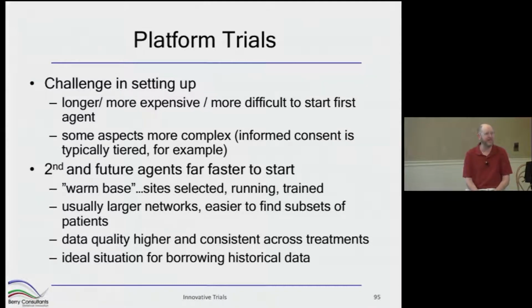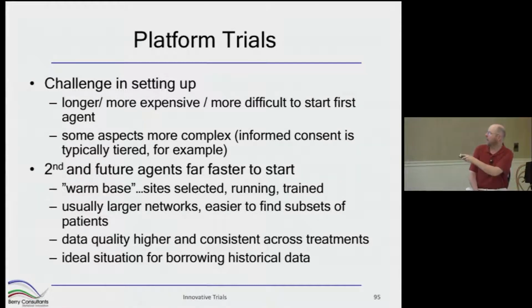On the plus side, for the second and future agents, this is a no-brainer thing to do. If the whole world were set up where here's a breast cancer platform, here's an Alzheimer's platform, here's a heart disease platform, here's a stroke platform, it would be ridiculous for anybody not to enroll in these platforms rather than go run their own trial with their own controls.